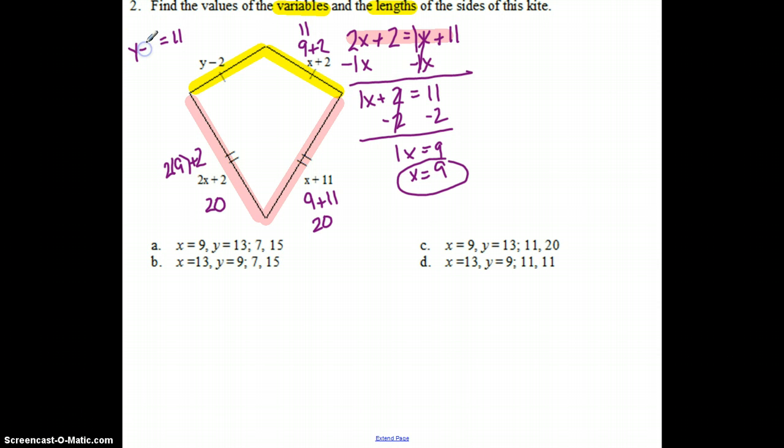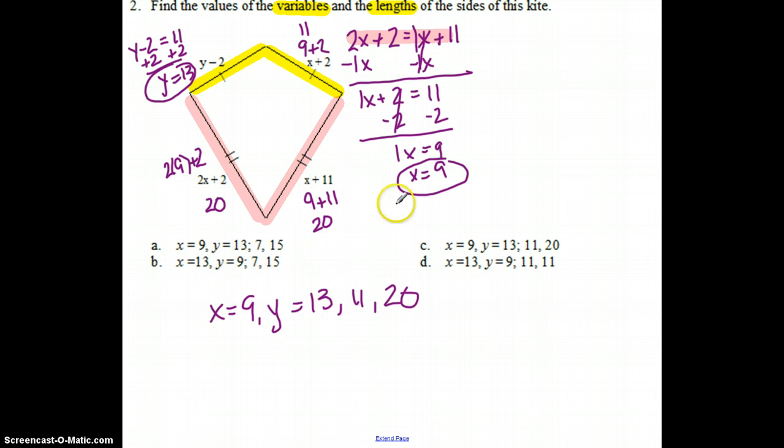But I know that that side is y minus 2, which would give me y to be 13. So in this kind of problem, I have, let me circle this, x equals 9, y equals 13, and the two sides are 11 long and 20 long. So that means out of the answers that are up here, that C would have to be our answer.